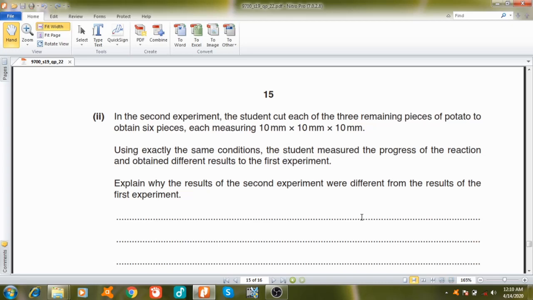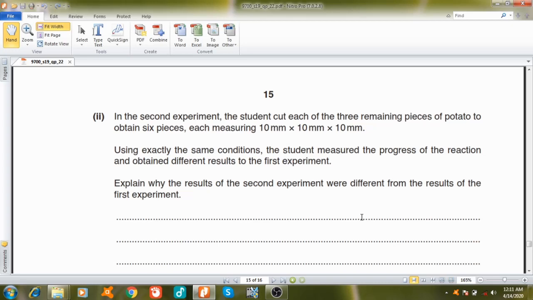A larger number of enzyme molecules and active sites are involved. They will make a larger number of enzyme substrate complexes. As a result, faster reaction will occur, more product will be made, that is oxygen, and the volume of the oxygen collected will be more.